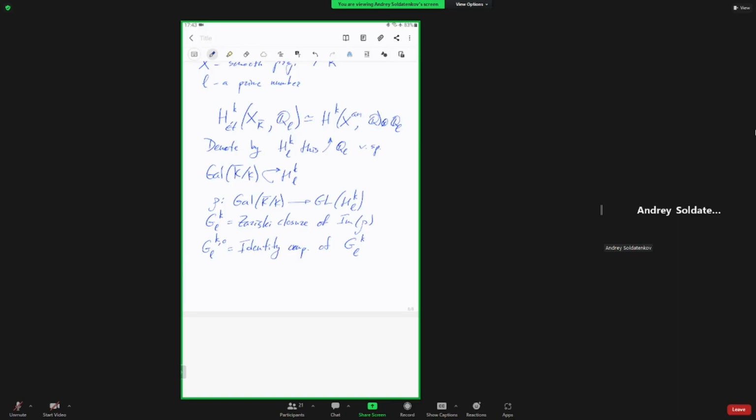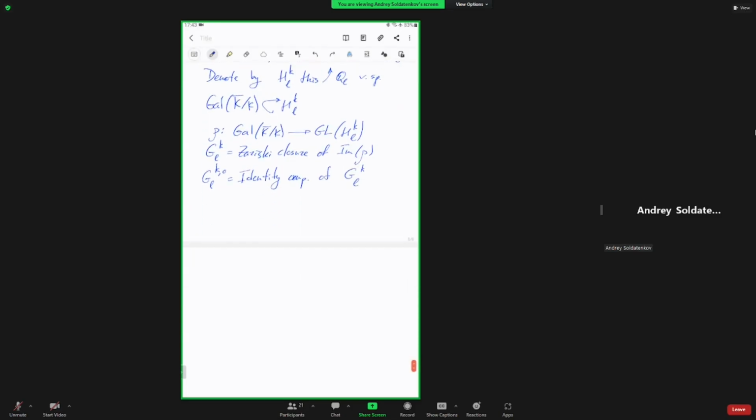But then there is another connected algebraic group that acts naturally on this vector space. It's the Mumford-Tate group. So recall that on this side here, this H^k analytic with rational coefficients has a Hodge structure. So there is the Mumford-Tate group. Well, let me just recall, maybe not everybody remembers what the Mumford-Tate group is.